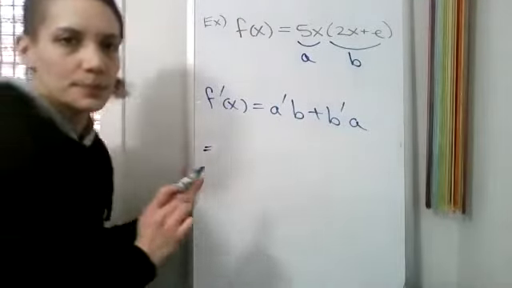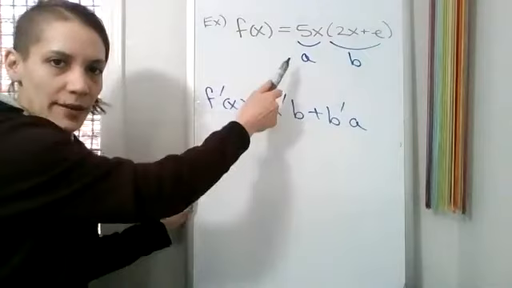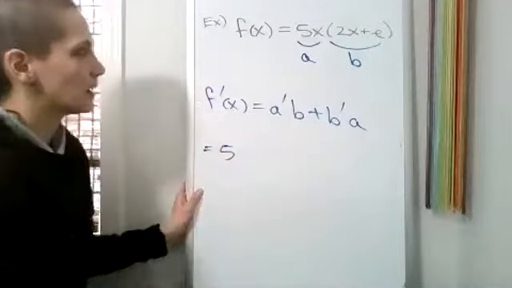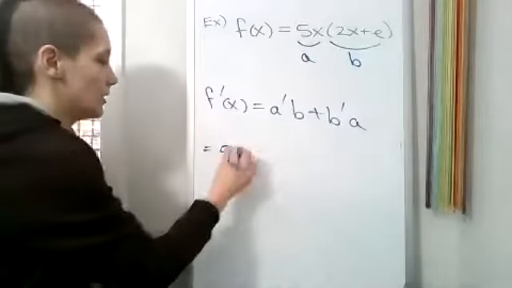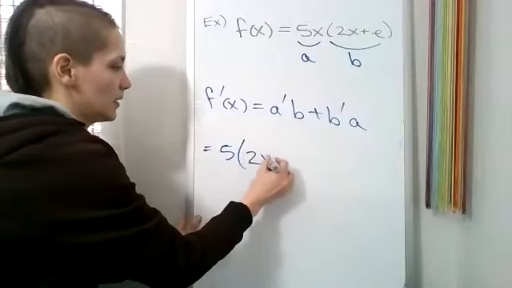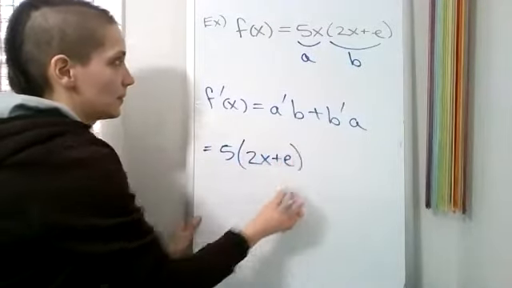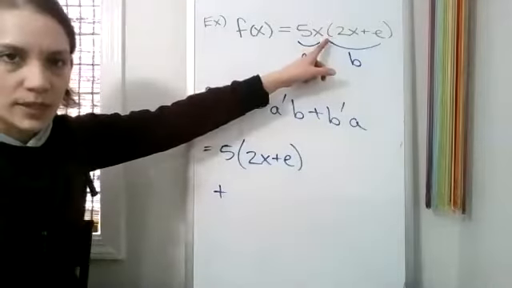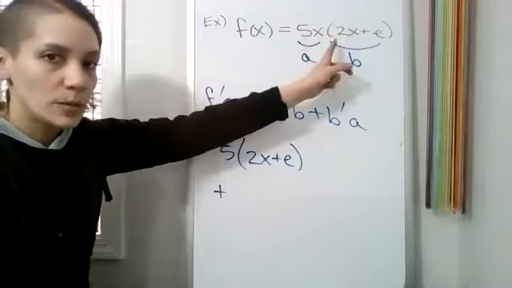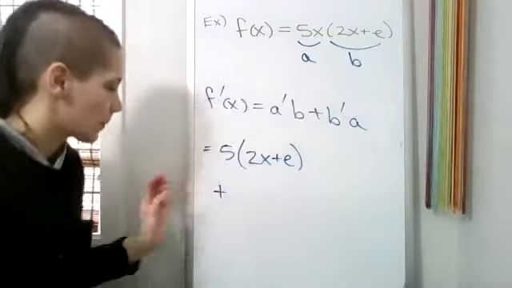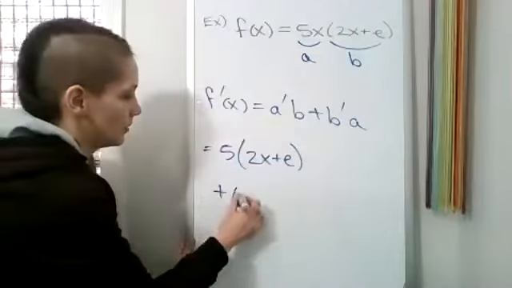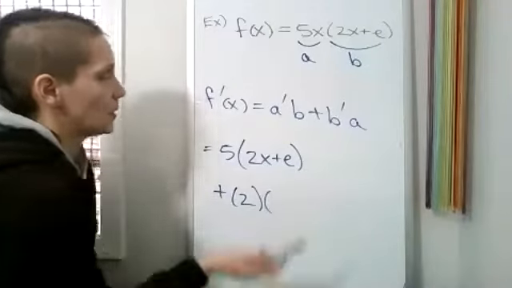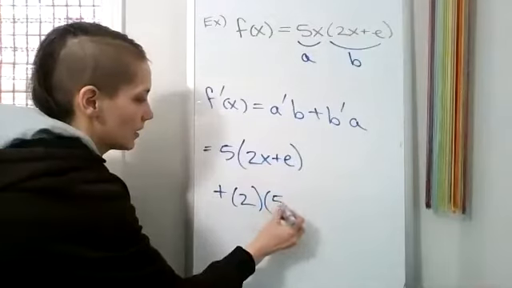Actually, this looks nice. Derivative of 5x is 5, times the other function, plus the derivative of what's in parentheses, which would be 2 plus 0, so just 2, times the function 5x.